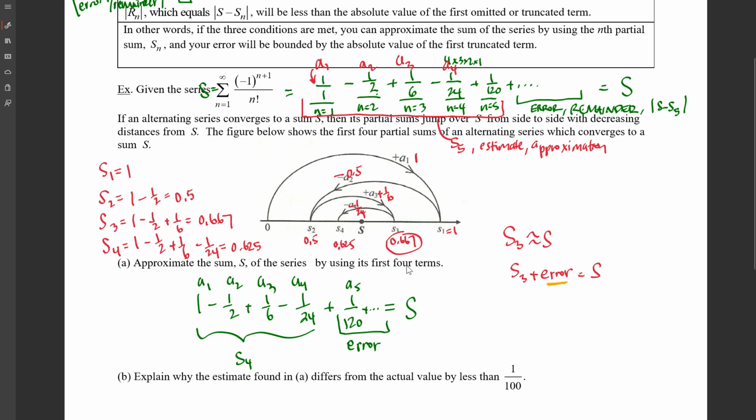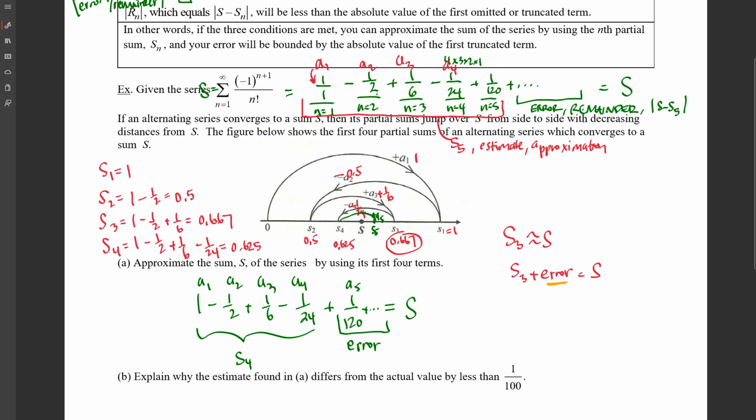And what is the value of this jump from S4 to S5? This value here is going to be adding the A5. So what that tells me is A5 is the largest error that I would have between S and S4. So if I stopped at S4, that's the largest error. My error is going to be definitely smaller than A5.